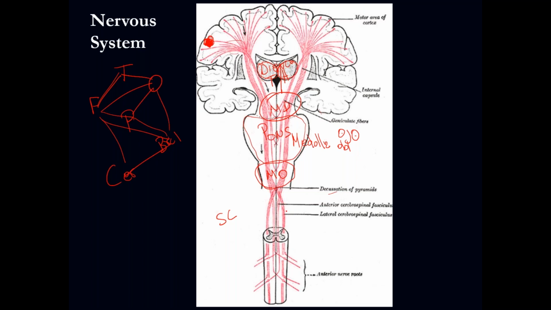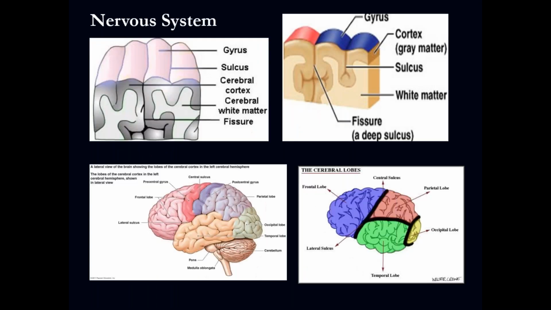So they're going to cross. And that's why if you have a stroke on the right side, your left side is going to be in problems, right? If you have a stroke on the left side of the cerebrum, the right side of your body is the one that is going to have some dysphasias.